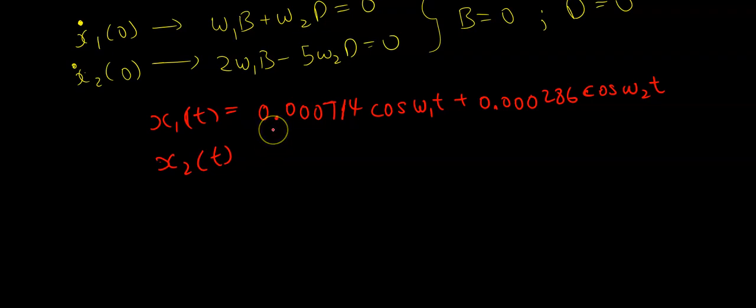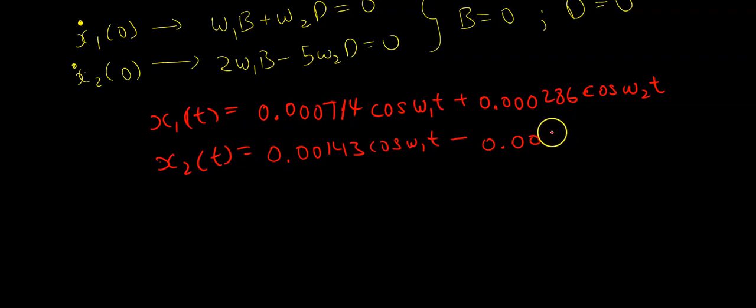You get 0.00143 cos omega 1 t minus, and multiplying this by 5, you get 0.00143 sine.